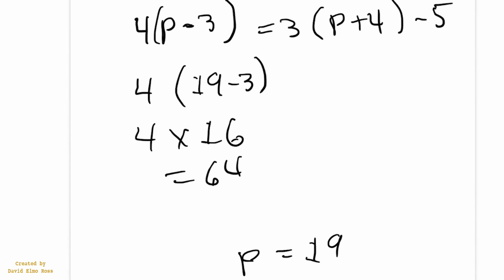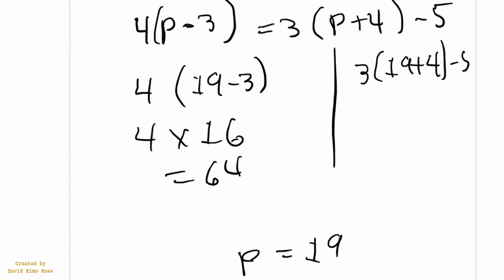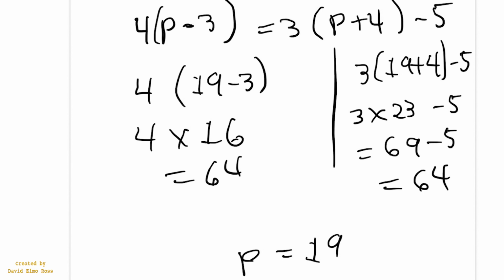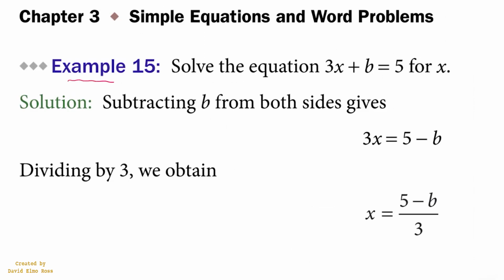On the right side, this is going to be 3 times 19 plus 4, and then we subtract 5. 23, and then we subtract 5. So this is going to be equal to 69 minus 5, which is equal to 64, which shows us that p indeed is 19.